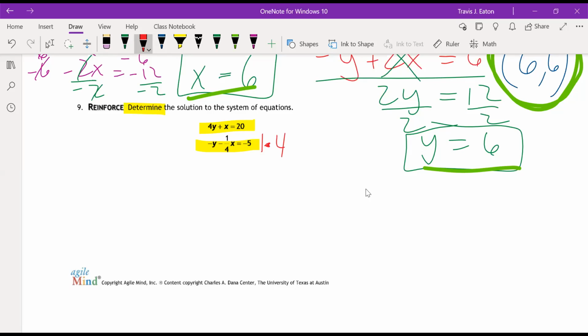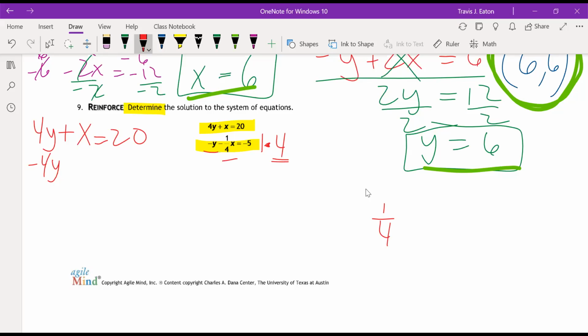So I'm going to rewrite my equations here. I've got 4y plus x equals 20. Now 4 times negative y would be negative 4y. That cancels that out. Negative 1/4 x times 4. Well, what is 1/4 times 4?